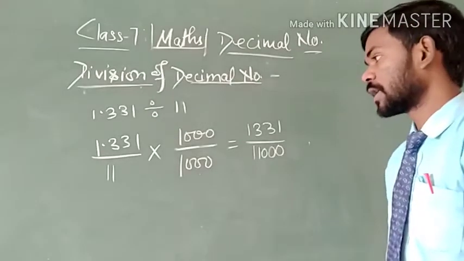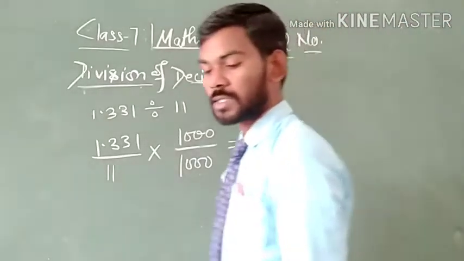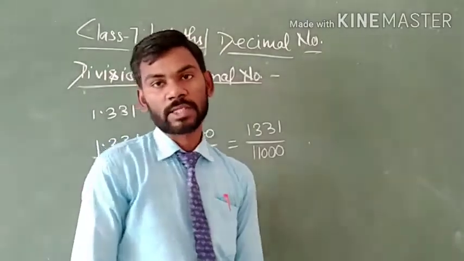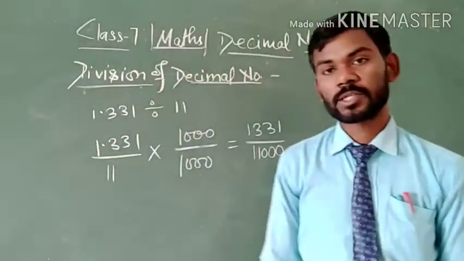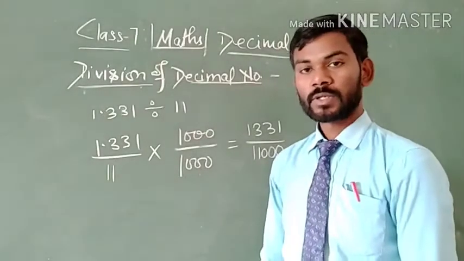Now we shall divide it. The division of rational numbers you have already studied in your previous chapter. So I think there is no problem in solving this type of question.